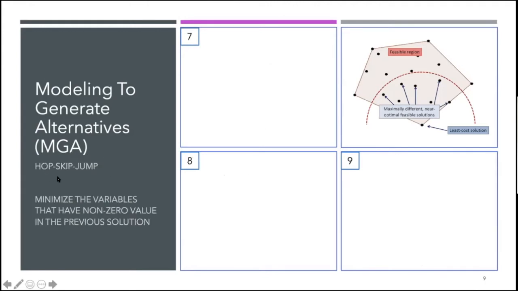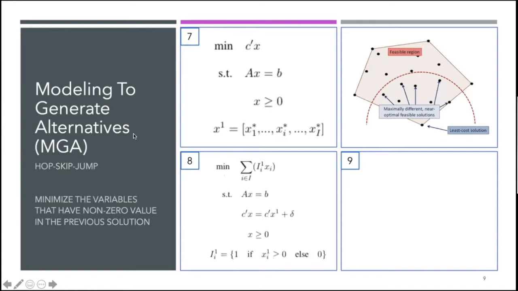So now, because this is too difficult to solve, we have a hop, skip, jump formulation, right? The idea behind this formulation is that if we have a solution x1, which has, for example, say I variables in total, this x vector has I components, and say x1 takes a positive value and all of the rest of the variables take value 0, then what this formulation does is it minimizes x1 subject to the same constraint.